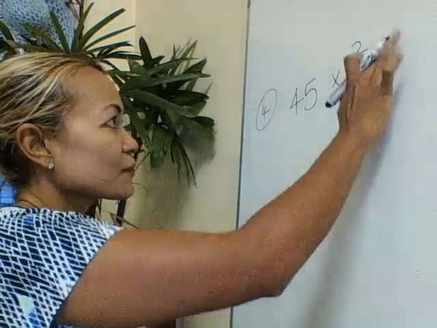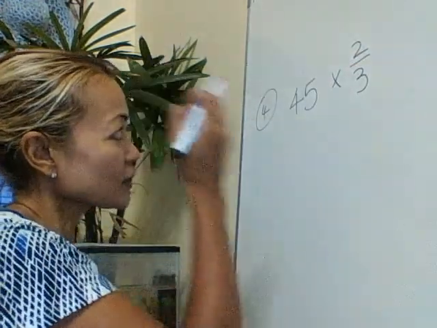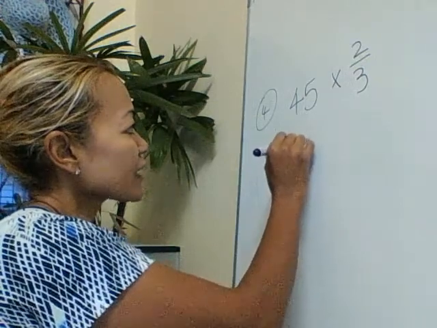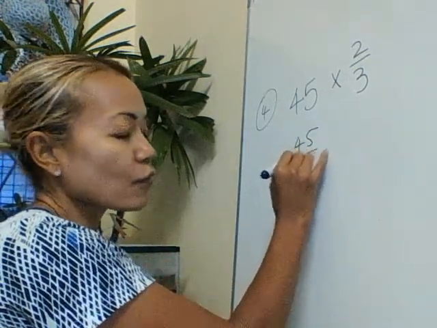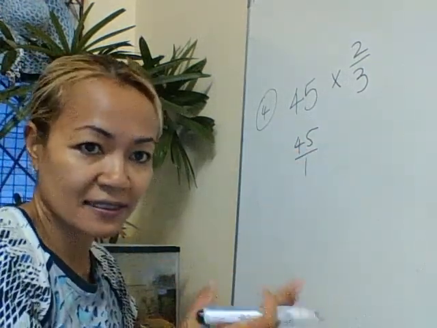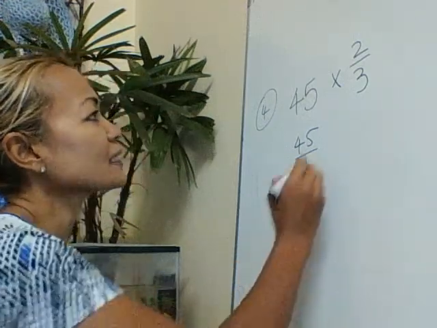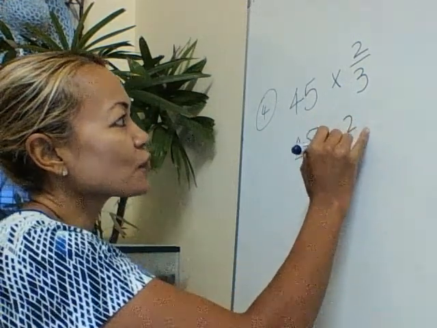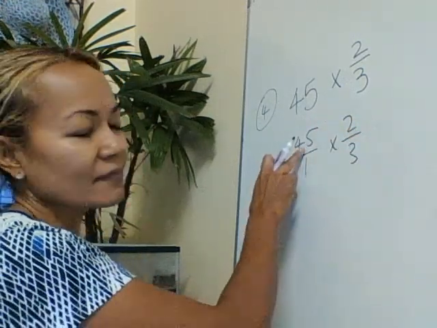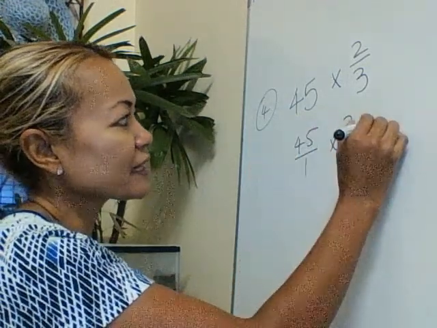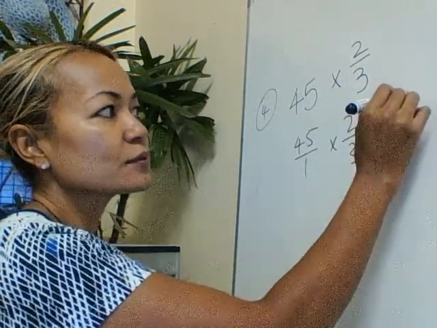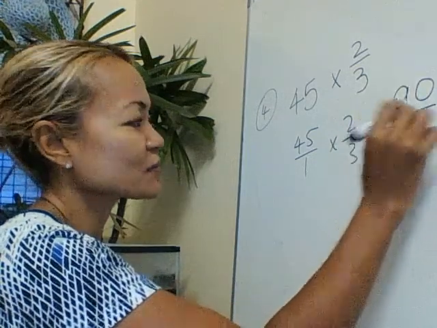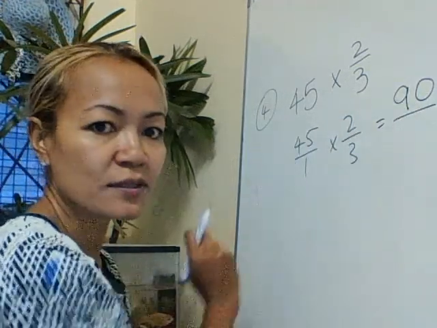45, if we were to rewrite 45 into a fraction, 45 over 1, any number over 1 is that number in fraction form. Multiplied by 2 over 3, we just multiply the numerators. 45 times 2 is 90. So you multiply the 2 numbers on the top.